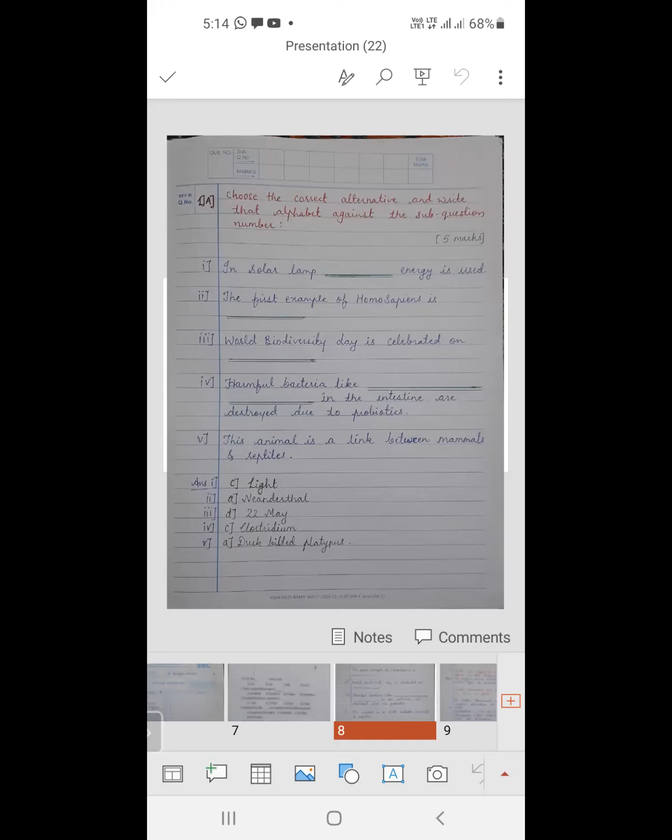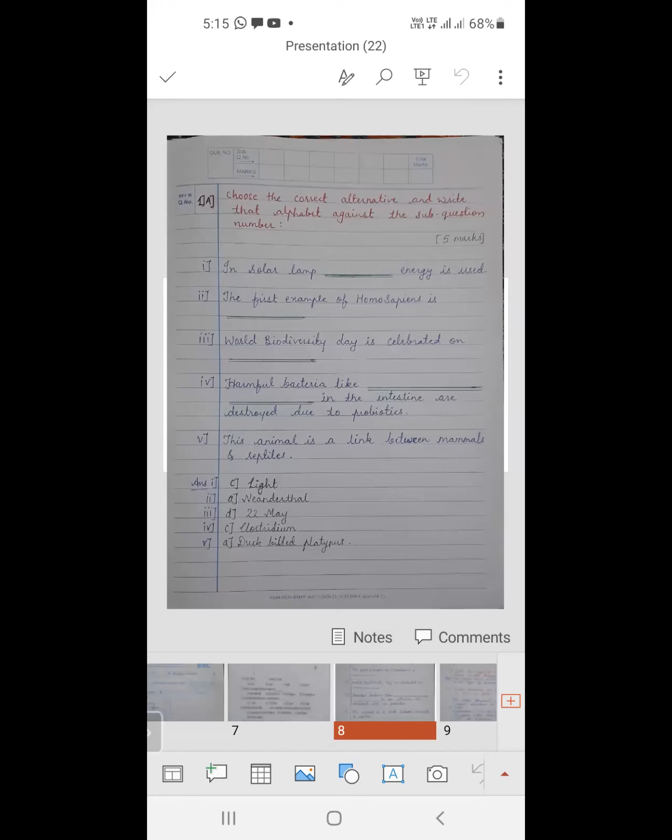Next, the fifth one: this animal is a link between mammals and reptiles. Which one is the link between mammals and reptiles, meaning it has characteristics of both mammals and reptiles? The four options are A, duck-billed platypus, B, peripatus, C, lungfish, D, whale.